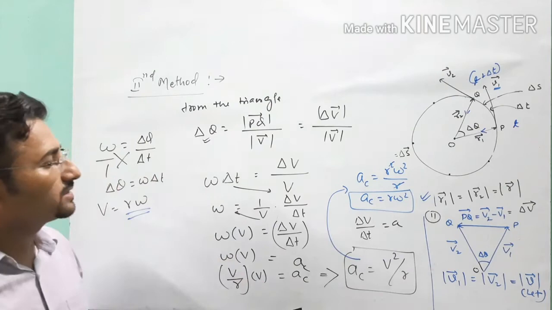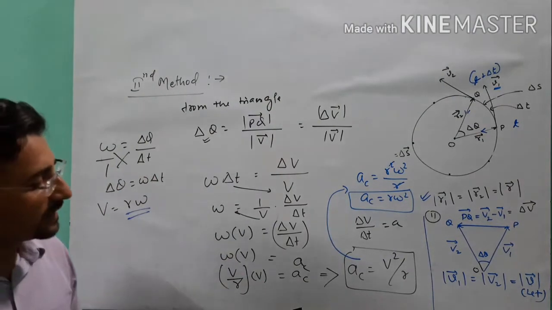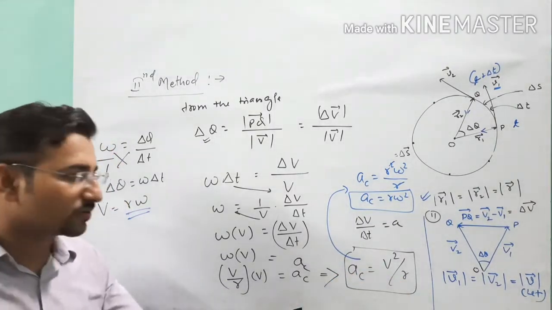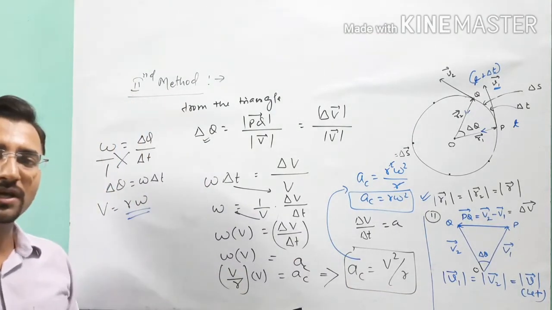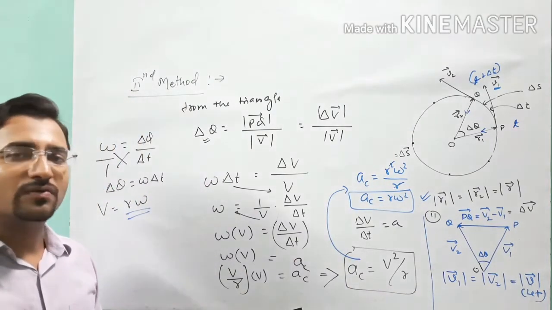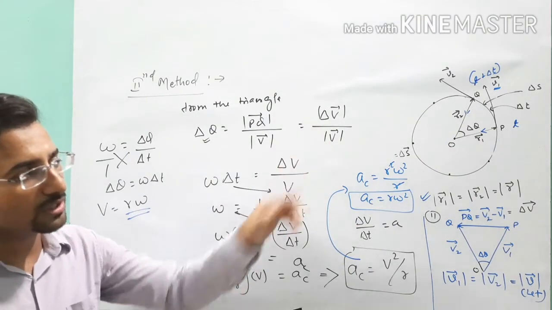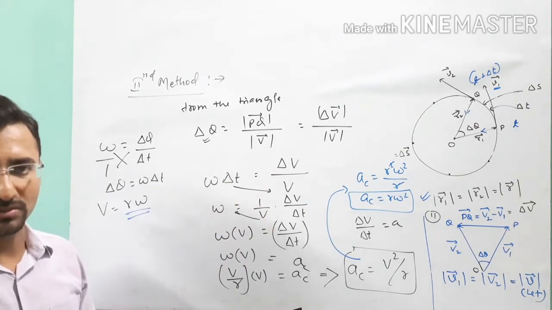So this is the relation of centripetal acceleration with linear velocity and radius, or you can say the formula of centripetal acceleration. Then after that we talk about the next formula, which is tangential acceleration, and then we talk about the total velocity of the body in circular motion.